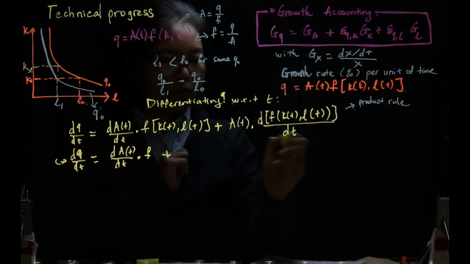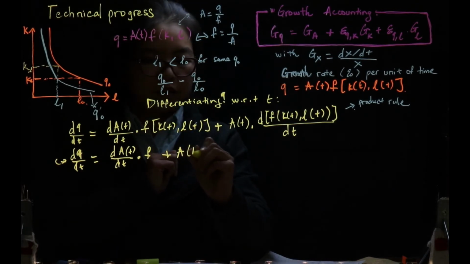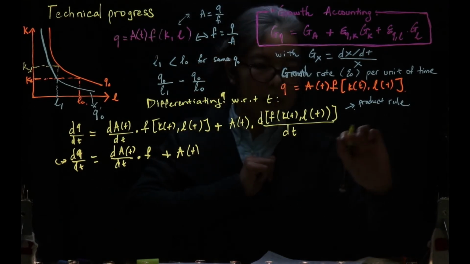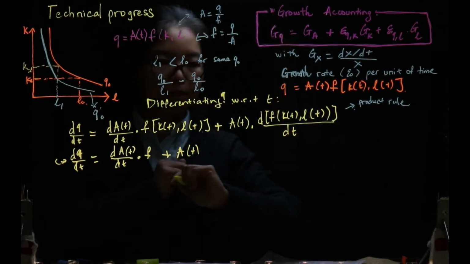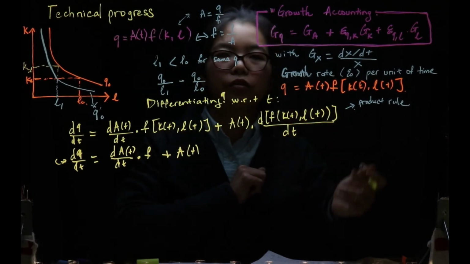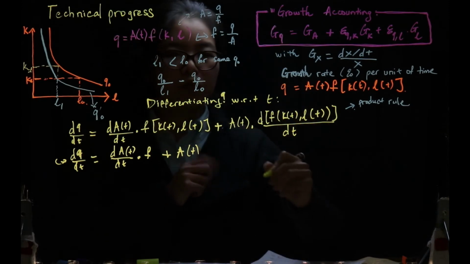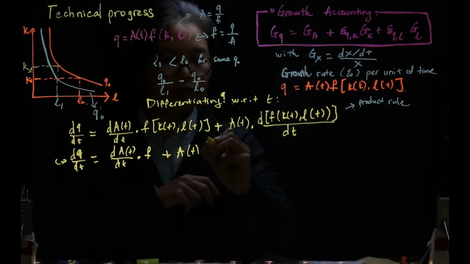Plus, how do we take the derivative of this F with respect to t? Because F is a function of K and L, and K and L are in turn functions of t, so we need the chain rule. But now for two variables, K and L.